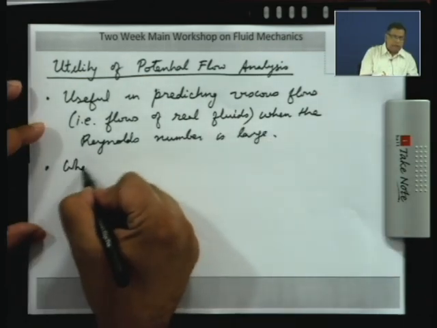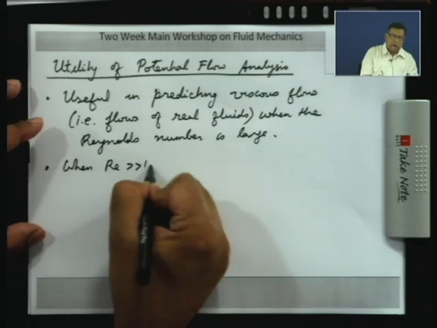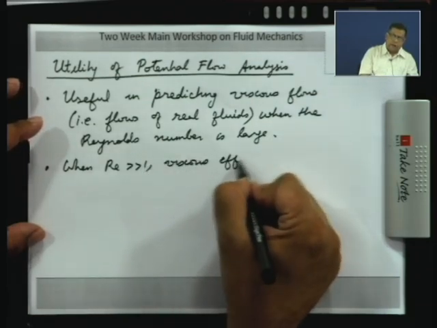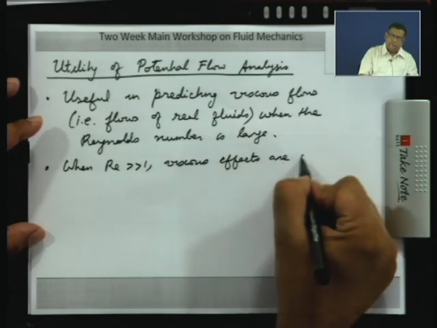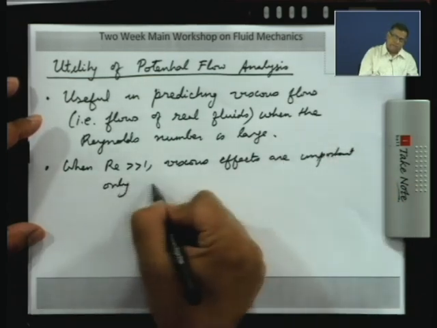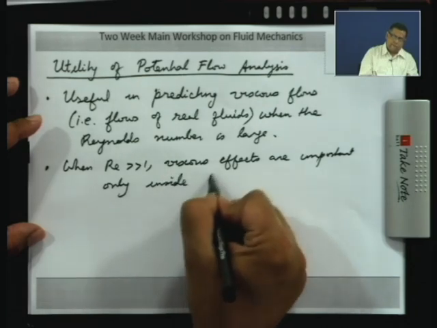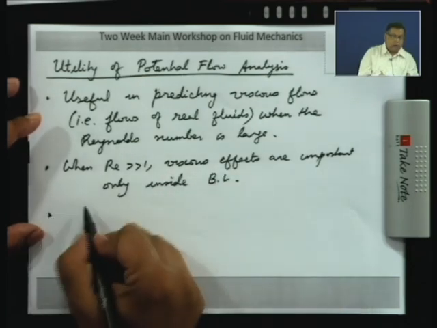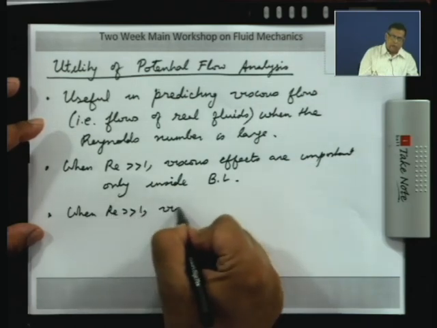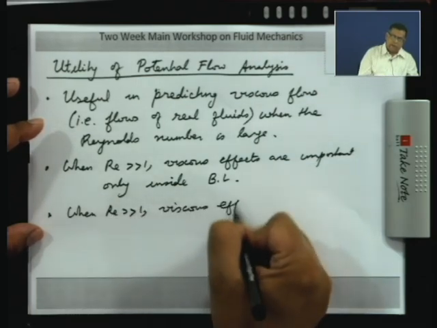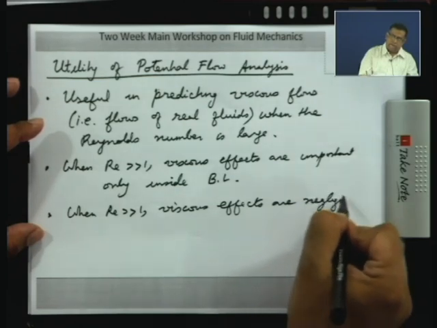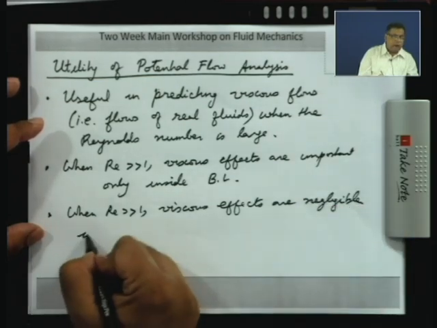When Re is much greater than 1, viscous effects are important only in the boundary layer. When Re is much greater than 1, viscous effects are negligible in the outer region.